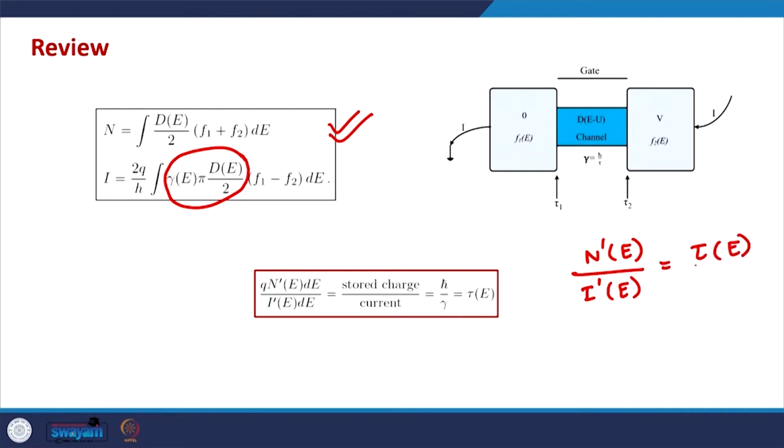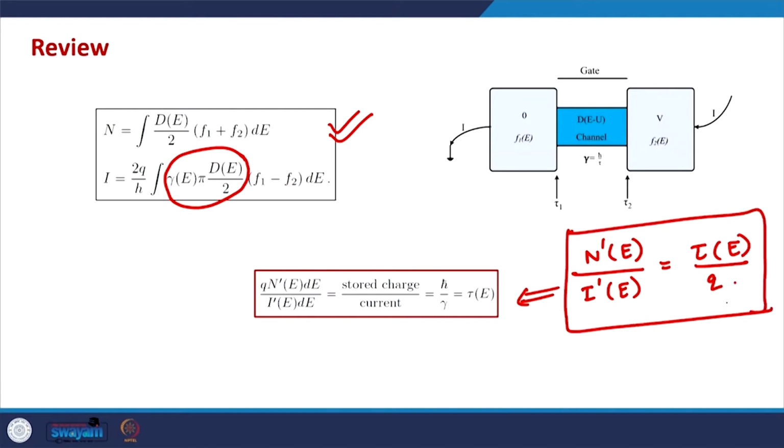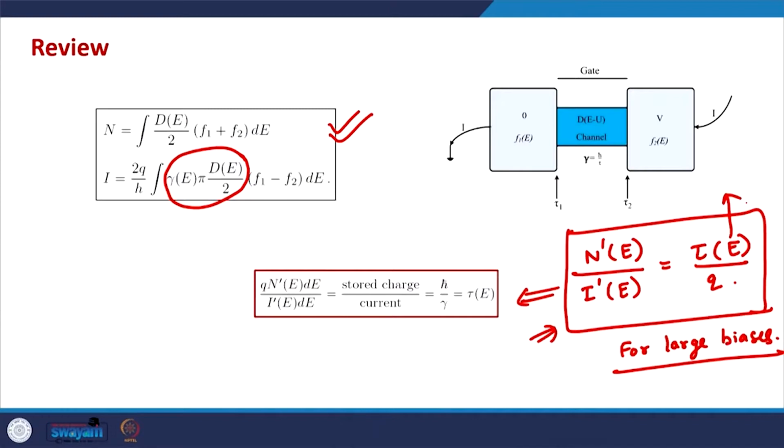That ratio turns out to be tau by q, and this happens for large biases, when the applied voltages are large. This will pave a way for us to calculate the characteristic time of the device, the parameter tau e.